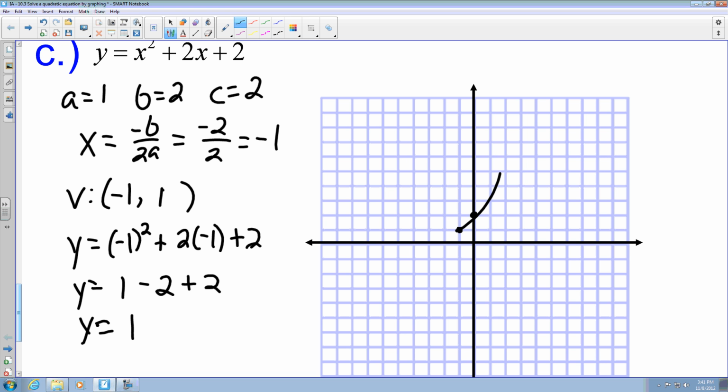So draw it up like this, and since our parabola does not cross the x-axis, we can determine that the x-intercept has no solution.